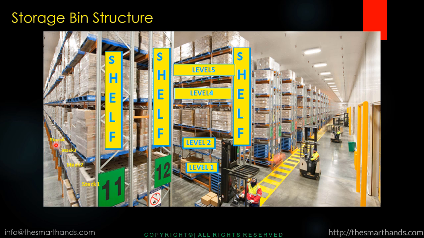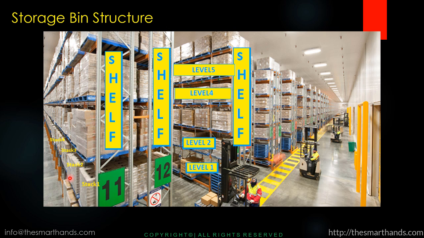That's probably aisle 1 or aisle 10 or 11. Next can be aisle 12, something like this. And then you have this as a level. Just like in a building you have levels, ground floor or level 1, level 2, level 3, same thing. This is level 1, level 2, level 3, level 4, level 5.